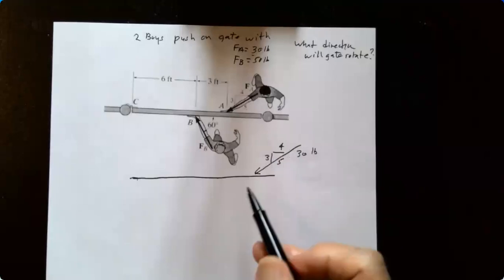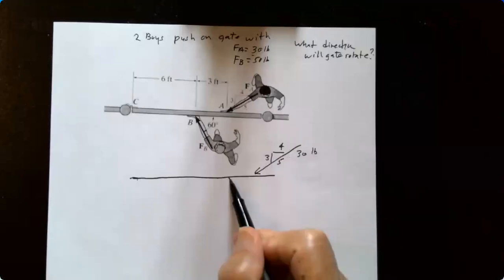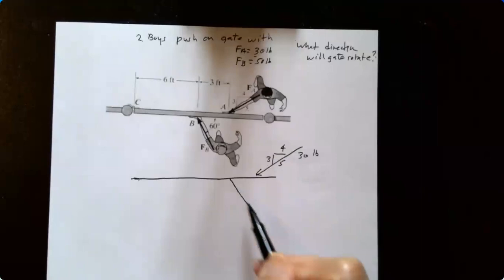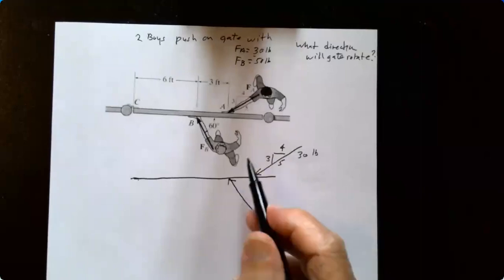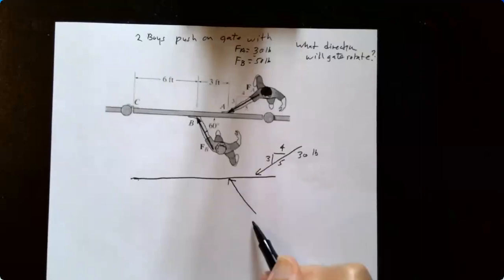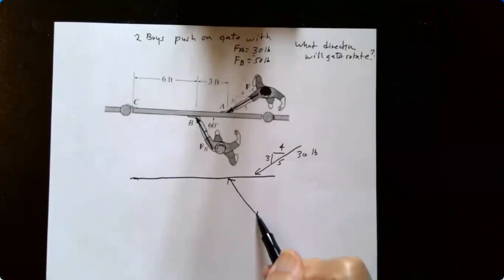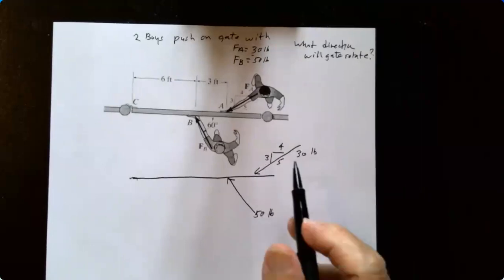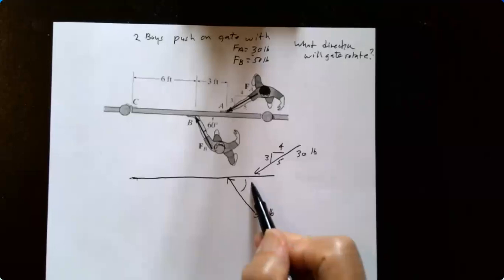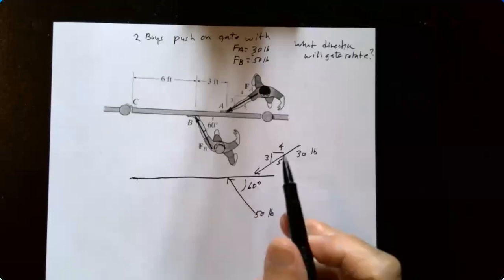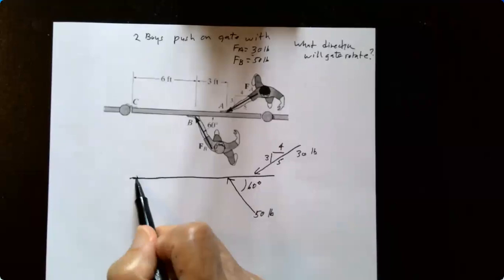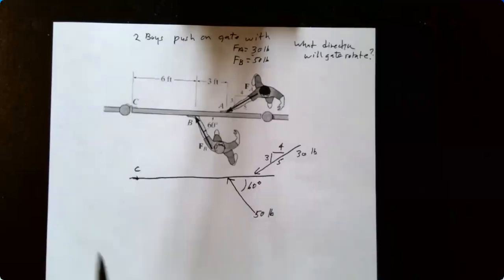And then over here, this is 50 pounds. And the angle here is 60 degrees. And this is point C. So what we're going to do is calculate the moment.